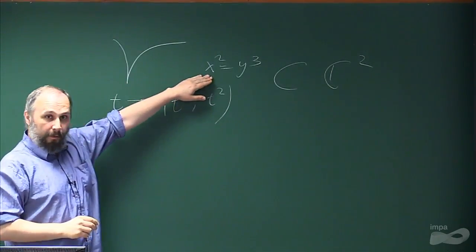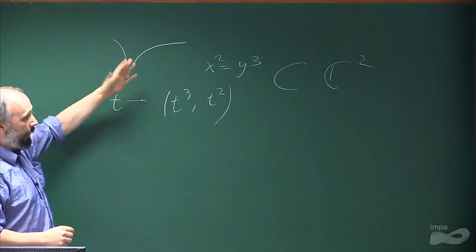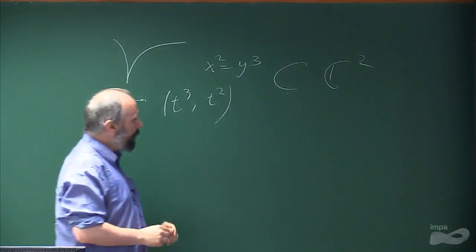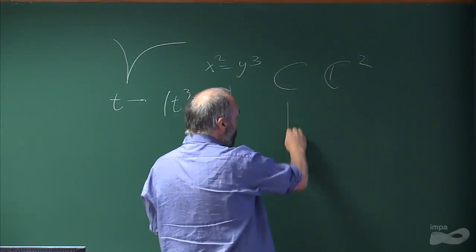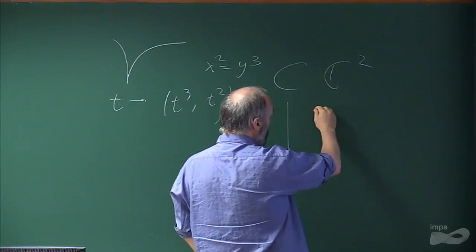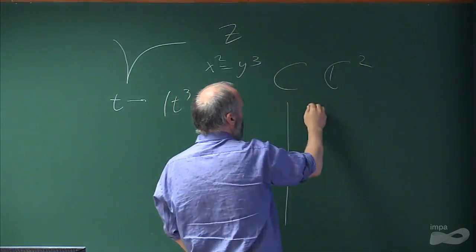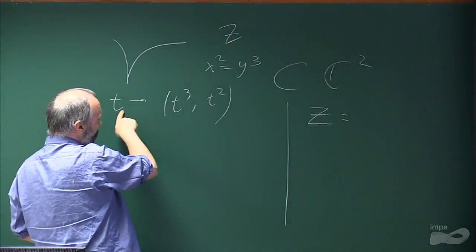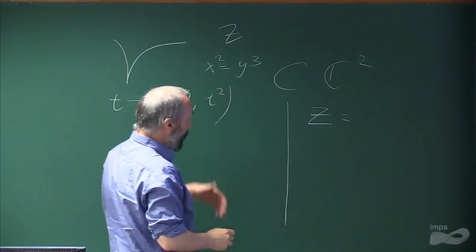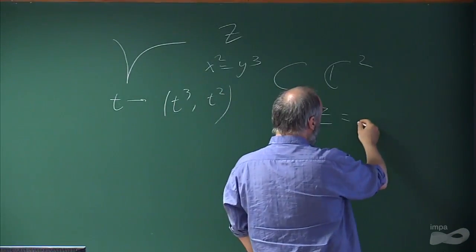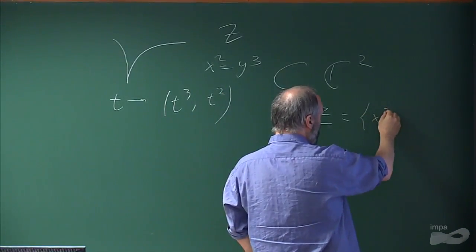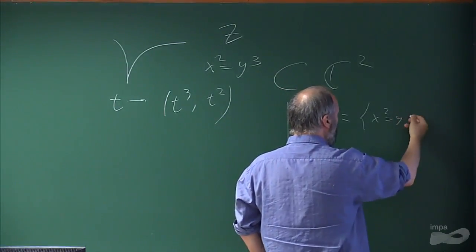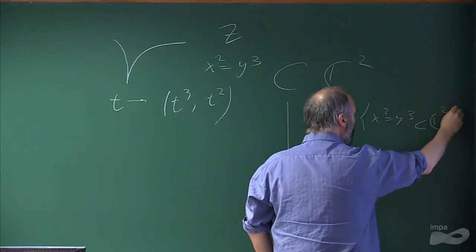So this is a singular curve. Obviously singular, you can easily see it. In fact, you can easily check that it is singular by looking at its maximal ideal. So let's call this Z. Z is a graph of this map, or solutions of these equations, x squared is equal to y cubed in C^2.